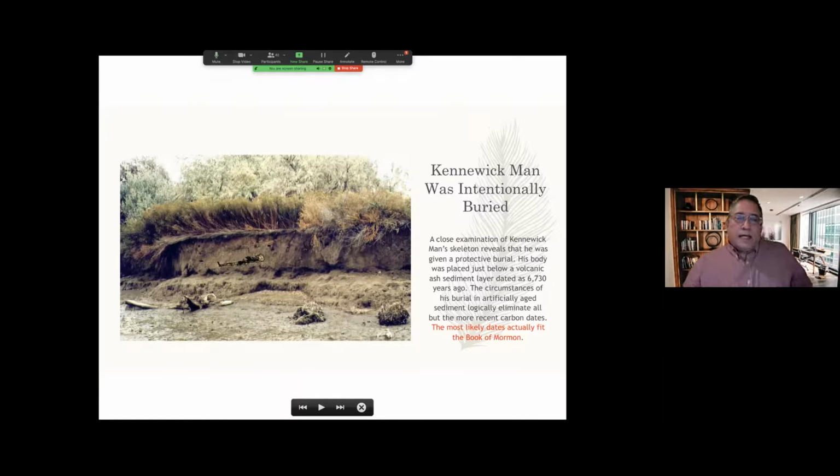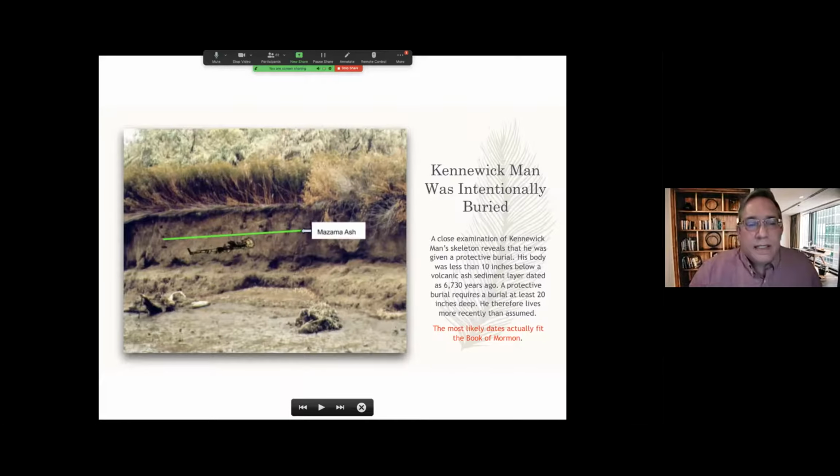The location where he was found was just inches, less than 10 inches, below a volcanic ash line. Mount Mazama had exploded, there's a volcanic ash layer in the soil, and he was buried just a few inches below where that volcanic ash layer was. Now, a protective burial would require a burial of at least 20 inches deep.